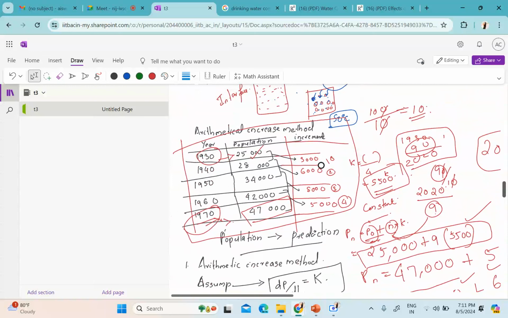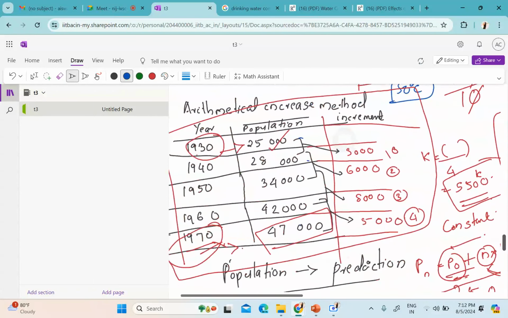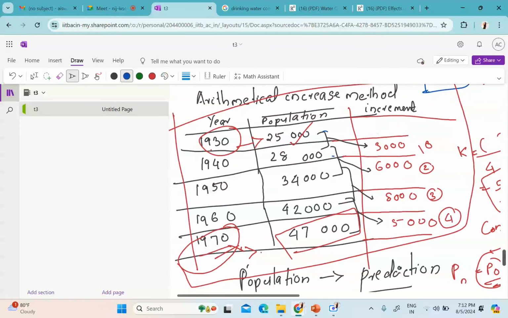We do census in years, right? So by that we have the year and the population. And what we do is calculate the increment in the population from this data. So this data, have you got it? Year and the population number.